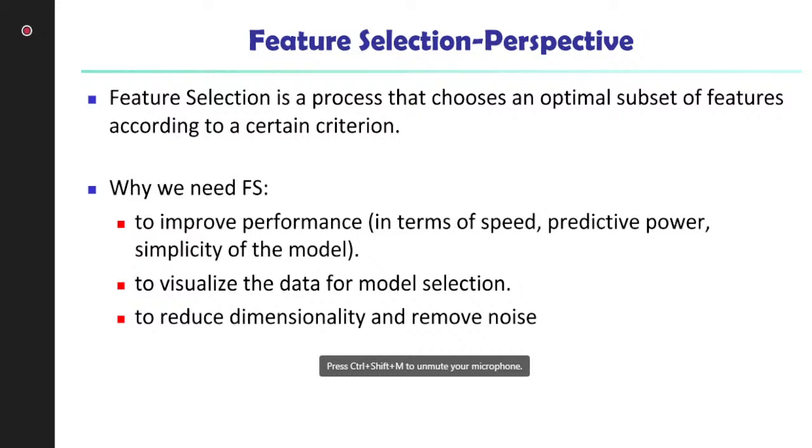So that's why we want to reduce it. There are other things also, like dimension reduction and noise removal, which we will be seeing in the coming slides. So more or less, that is the aim of feature selection.